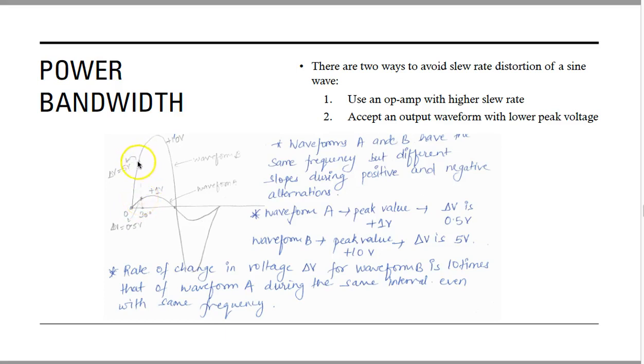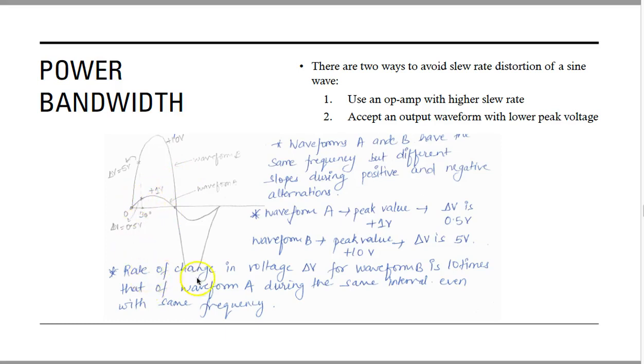And here at waveform B, the change of voltage is 5 volts. So this was your rate of change of voltage at a 30-degree angle, and here this is your peak value for waveform B, and for waveform A the peak value is 1 volt.